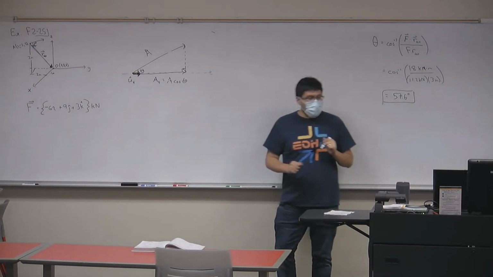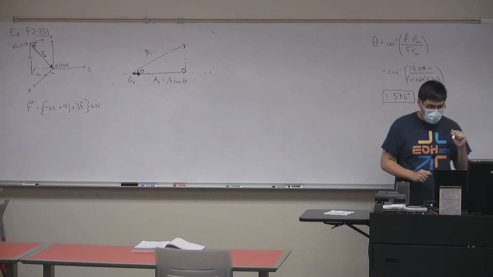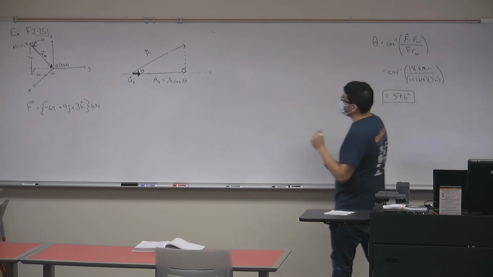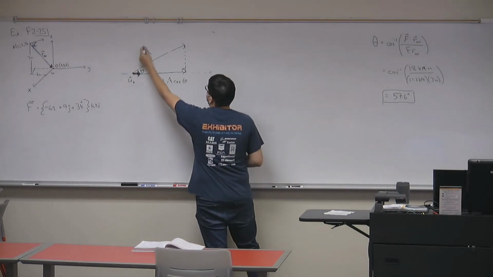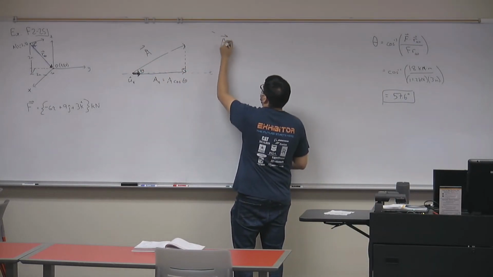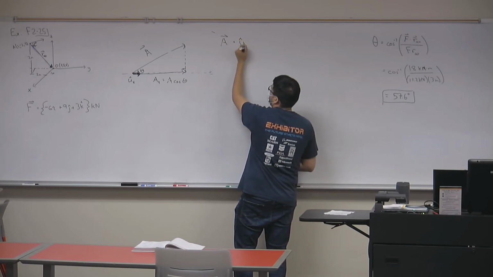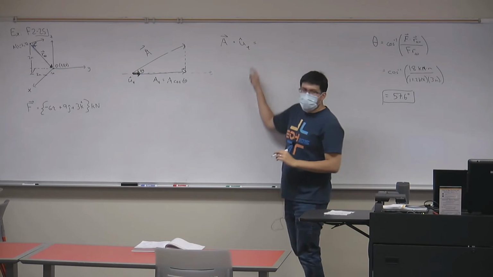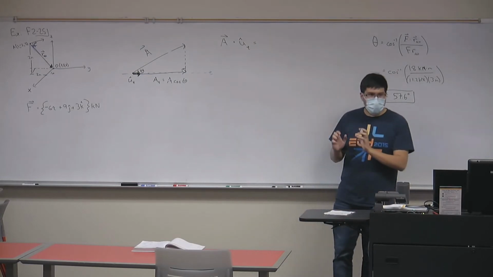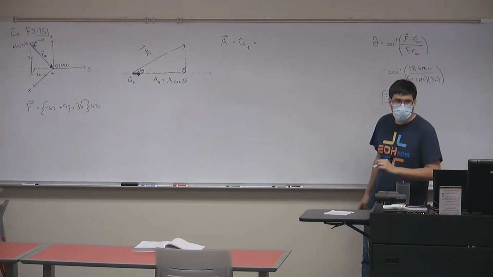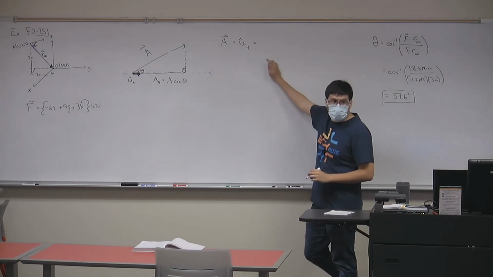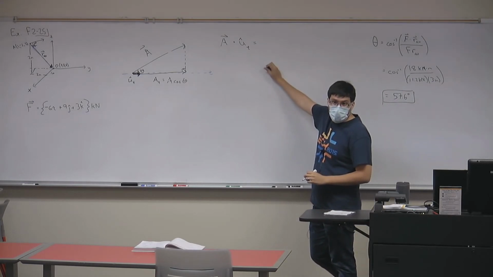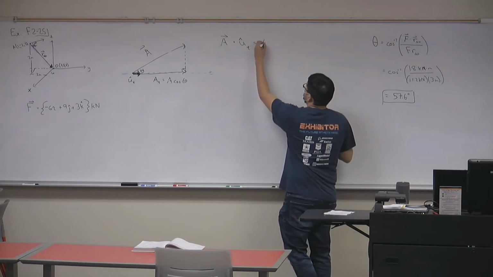Because if I were to ask you to calculate the dot product of A and the unit vector, what would this look like? Just the general definition, not the long one, the short one that we started with. What's the general definition of the dot product? A times ut cosine theta.